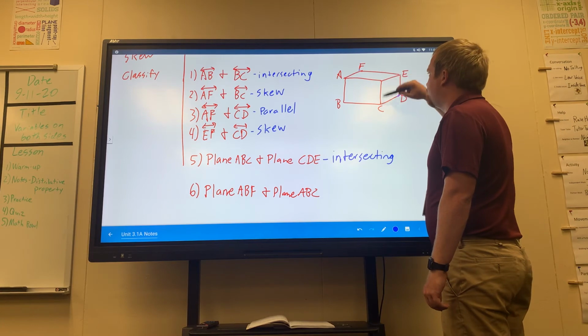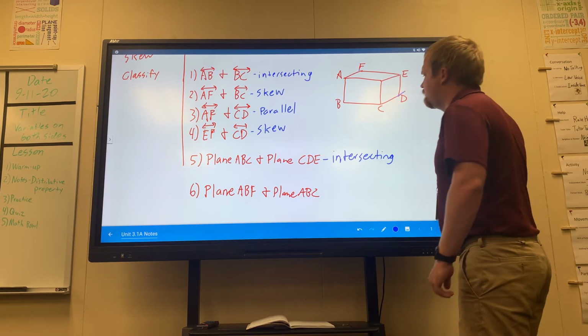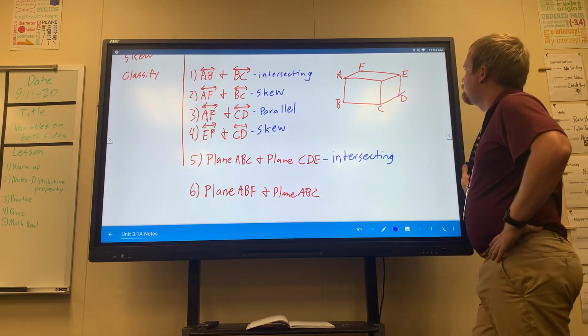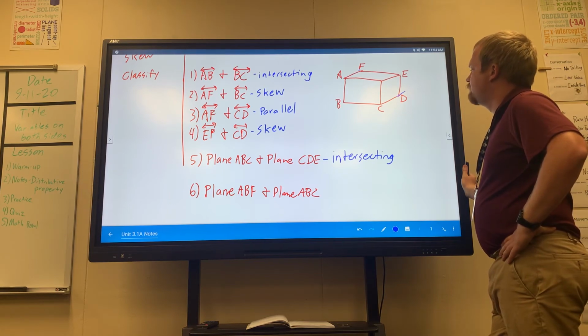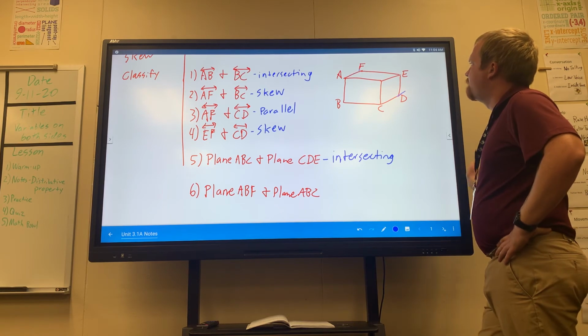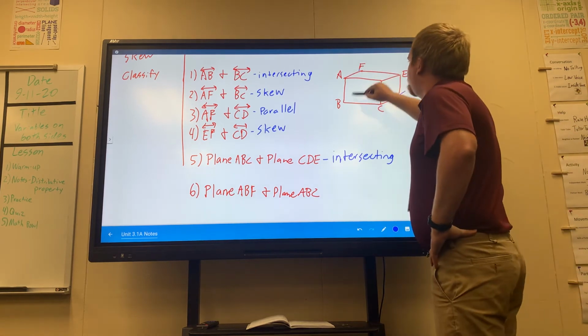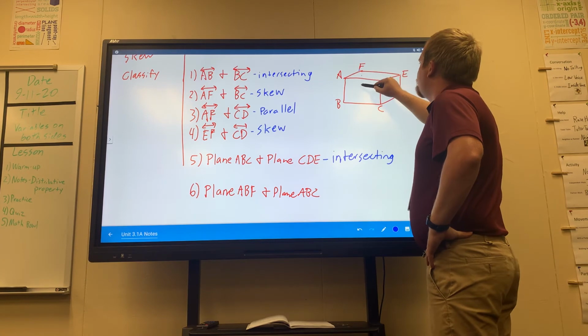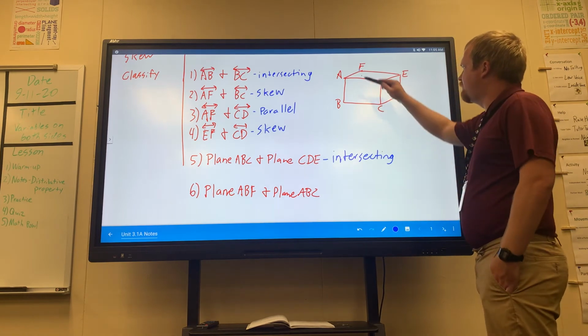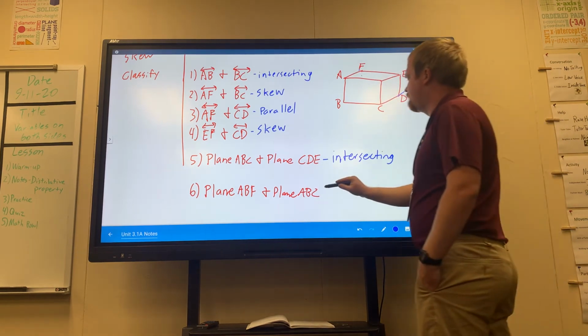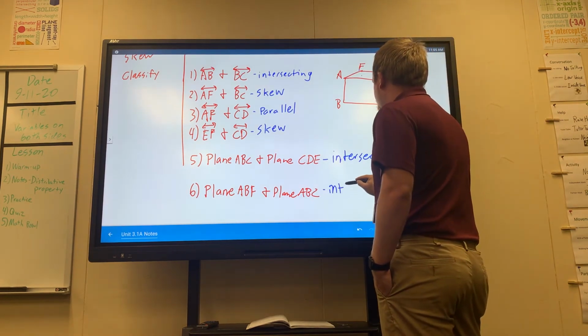So this is an example of intersecting planes. Now, if I imagine plane ABF right here, plane ABF and plane ABC are intersecting as well.